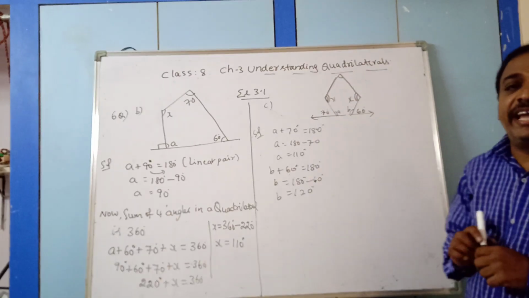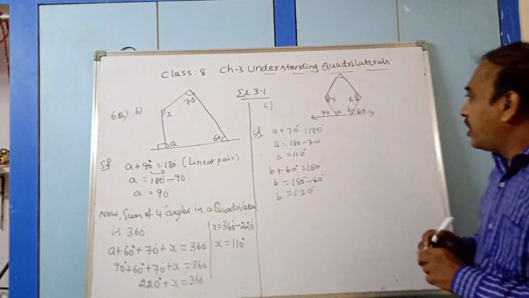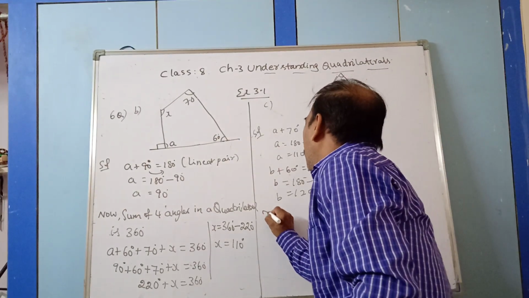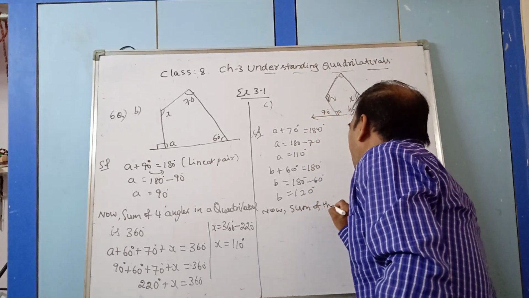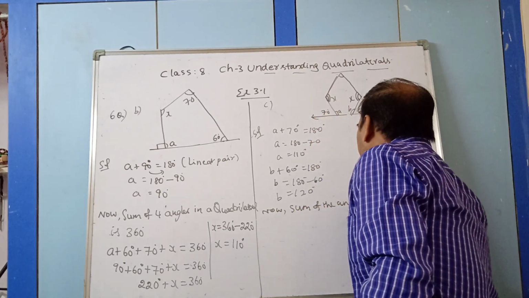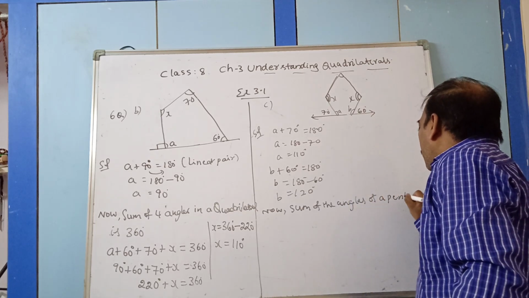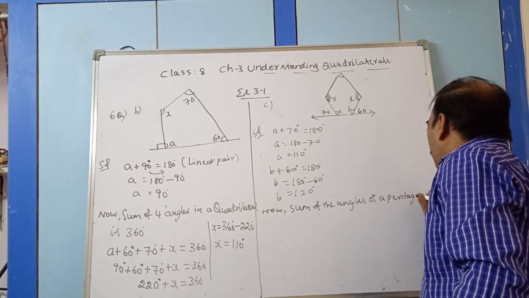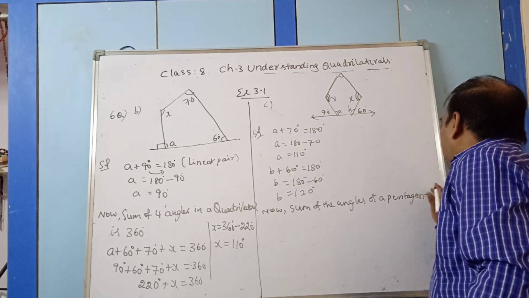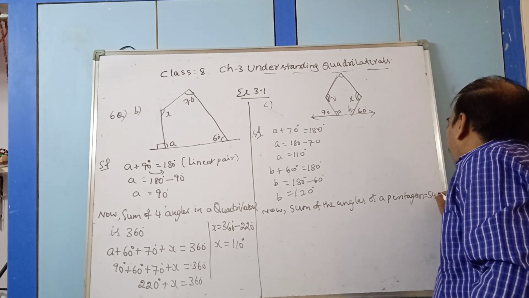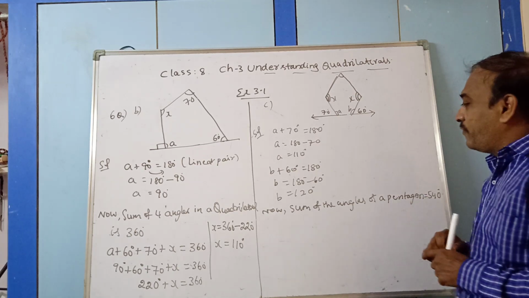The sum of the angles of a pentagon is 540 degrees.